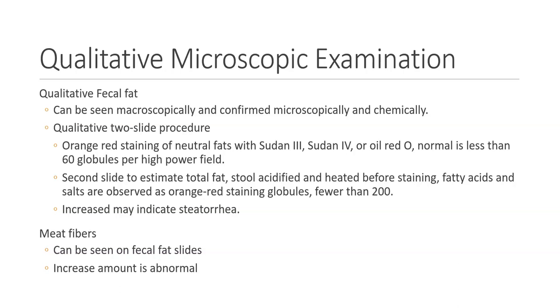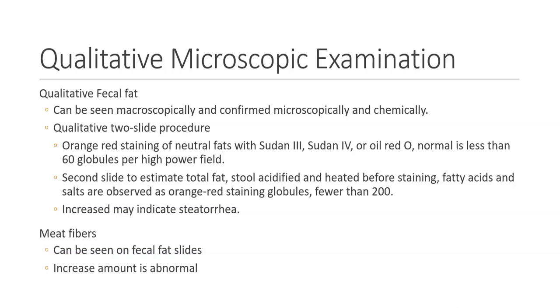Then a second slide is done to estimate the total fat. So in this case, the stool is acidified and heated before staining, and the fatty acids and salts are observed as orange to red staining globules, and there needs to be fewer than 200. If either of these are increased, it may indicate steatorrhea.